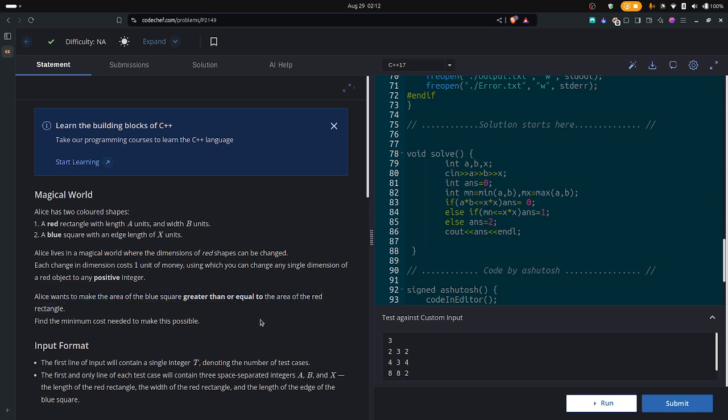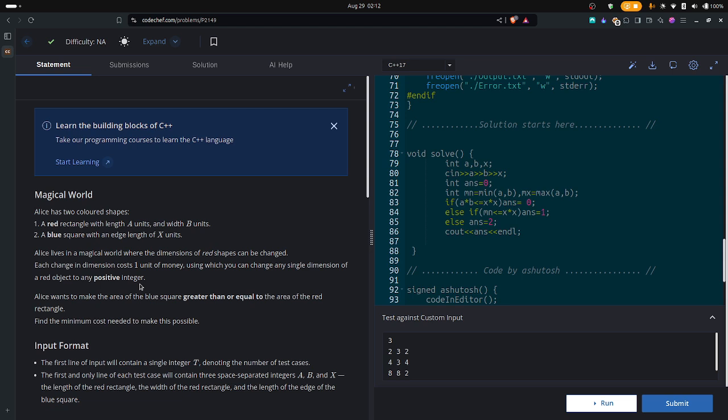To do this, we can only change the dimensions of the red shape, and changing a dimension costs 1 unit of money. We can change any single dimension of the red object to any positive integer. So there are two dimensions, length and breadth, and changing a dimension costs 1 unit of money.